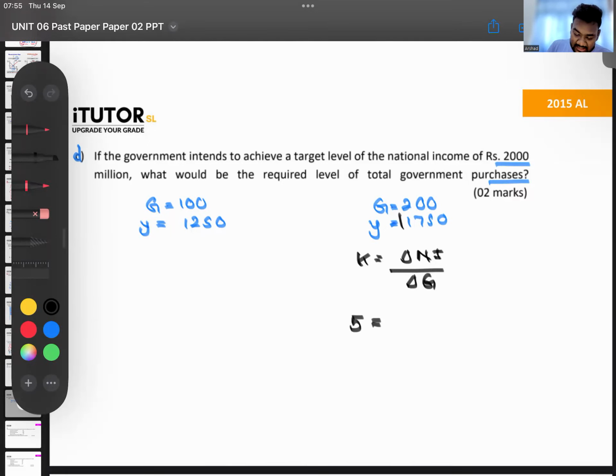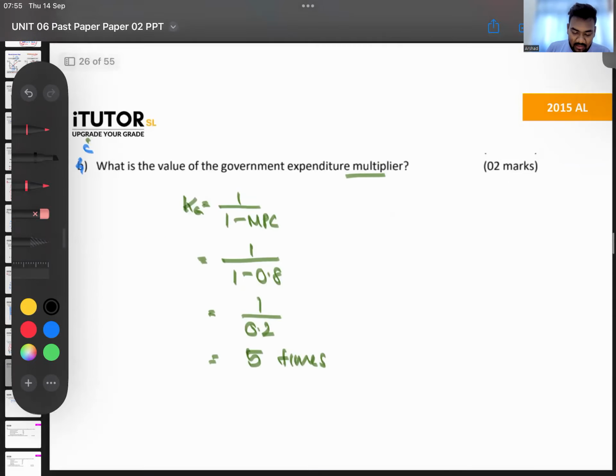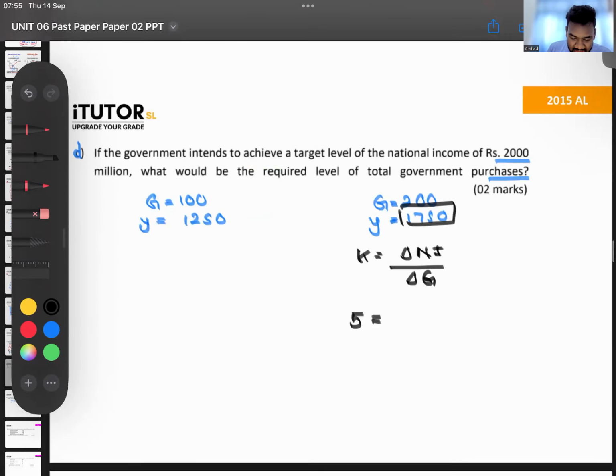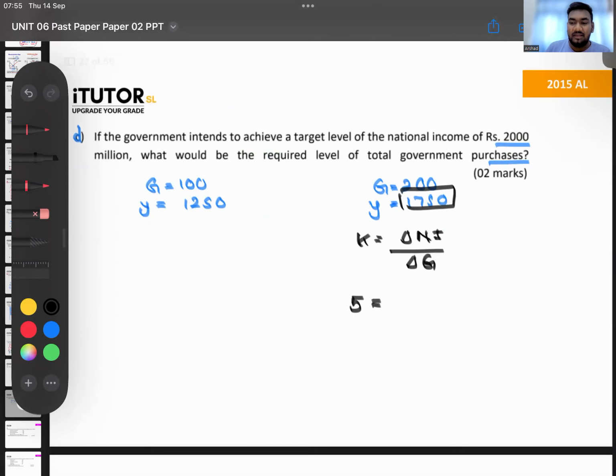Your current national income is 1750. Now here, don't substitute 2000 into the equation, guys. That method is wrong, because they are expecting you to use the multiplier now. That was a hint that came from part C. Part C is telling us what the expenditure multiplier is, so they're expecting you in part D to use this multiplier and come to the answer.